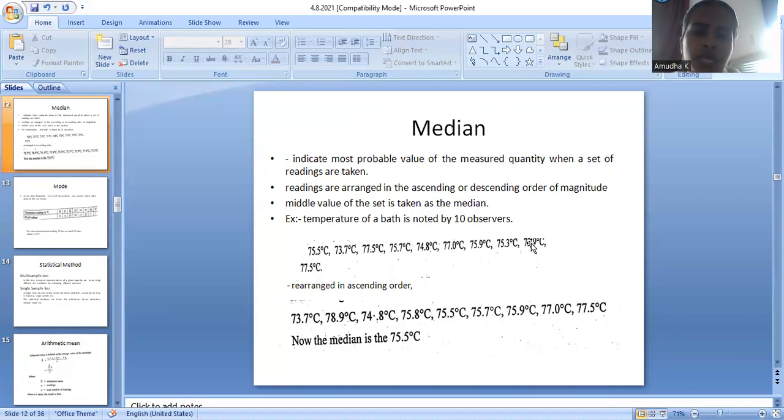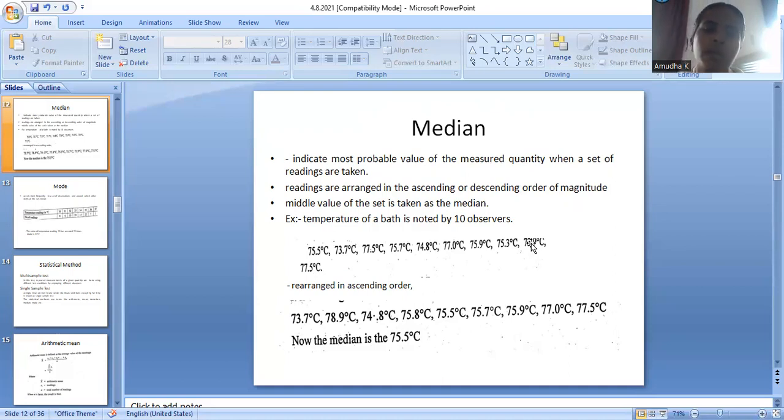Okay. So for example, you are measuring the temperature of a bath, noted by 10 observers. For a particular time, the temperature is measured by the 10 observers. The readings are 75.5 degrees Celsius, 73.7 degrees Celsius, and so on. Now we can arrange these readings in either ascending or descending order, and then we take the middle value.